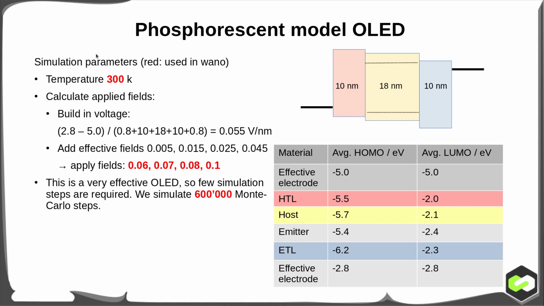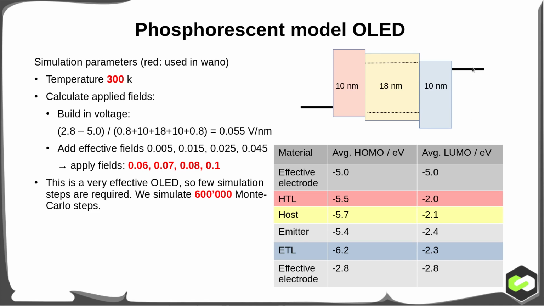So we defined the OLED earlier like this. We have basically these 2 effective electrodes at the level of the doped injection layers, but since we apply them as electrodes in Lightforge, there will be a very high built-in voltage, and the built-in voltage will of course lead to band bending, so we have to compensate for that.